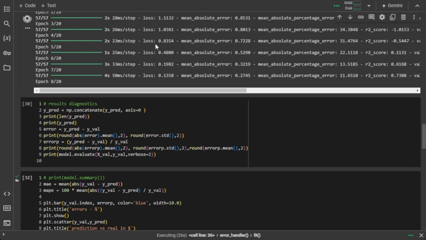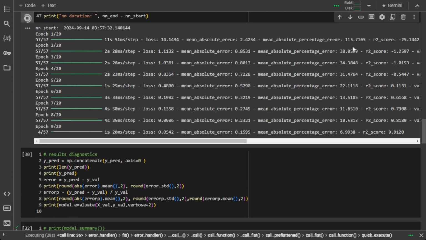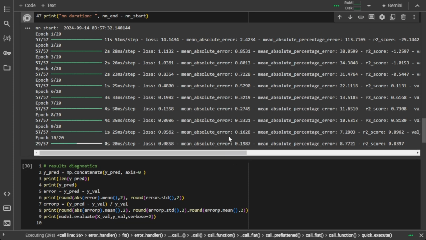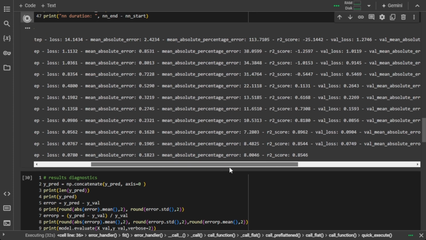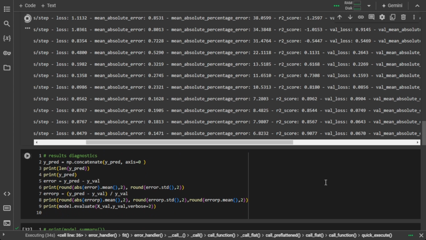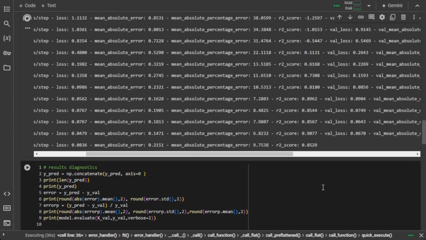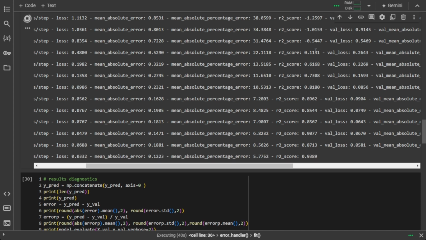So again, just focus on one of these columns, whichever one you like, and notice how the number just sort of evolves better and better. This is the R-squared, so the closer to 1, the better. The higher the number, the better.